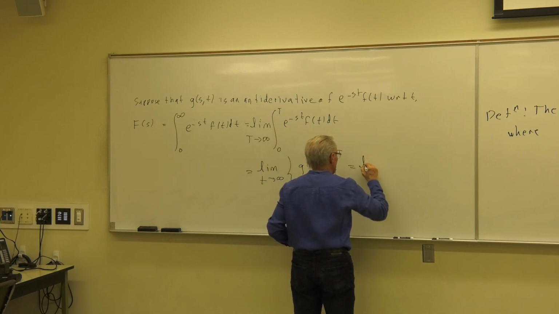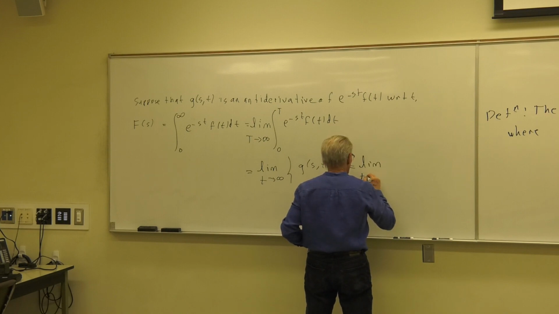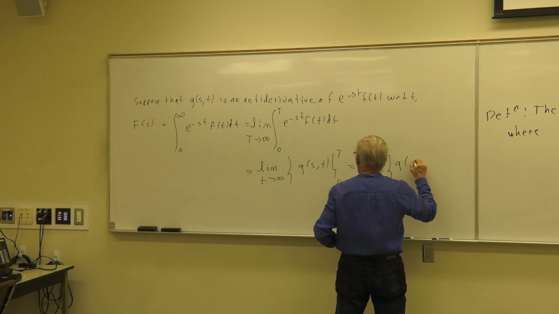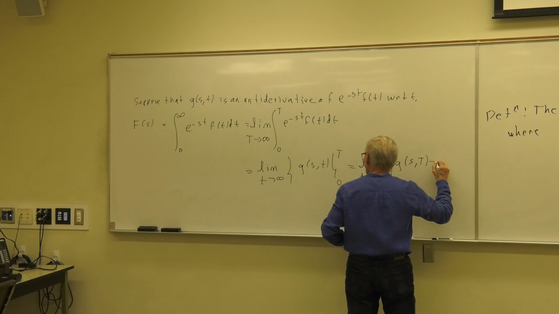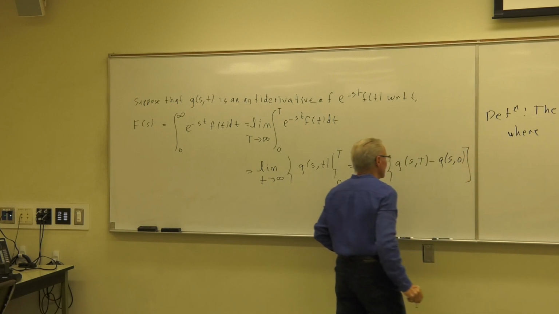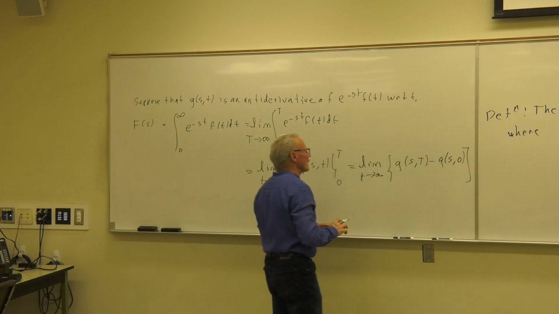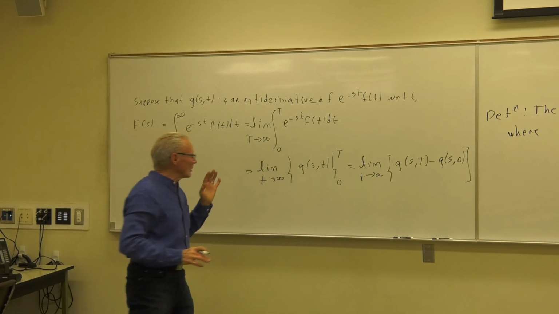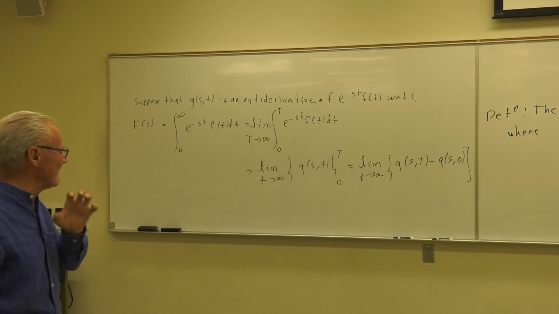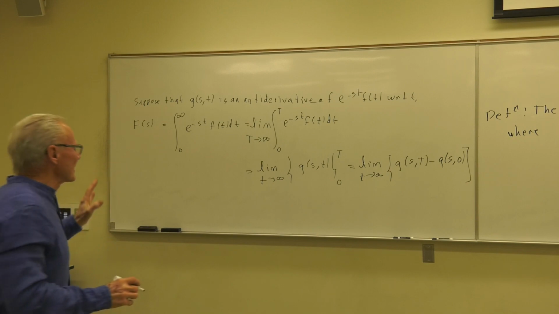And so then you would write the limit as T approaches infinity of g of s and big T minus g of s and 0. This one doesn't have any T's in it, so you can take that out. That's what we should write mathematically if we wanted to be very, very sticky.